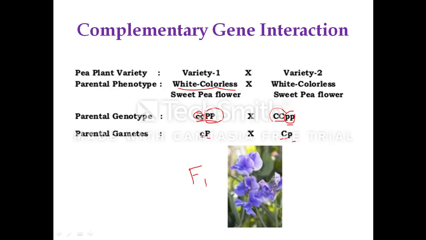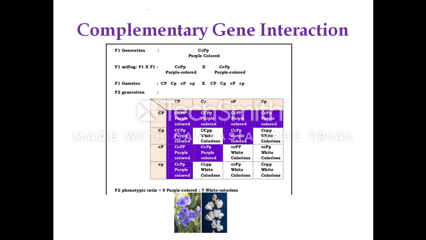Here you should remember, when white flower bearing plants were crossed, in the F1 generation all the plants were purple flowered. Then the F1 plants were selfed, that is, two purple flower bearing plants were selfed.